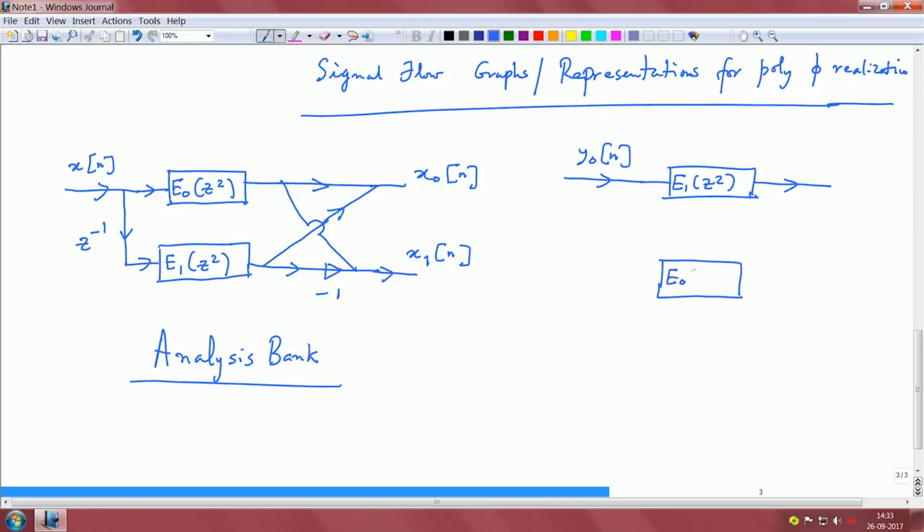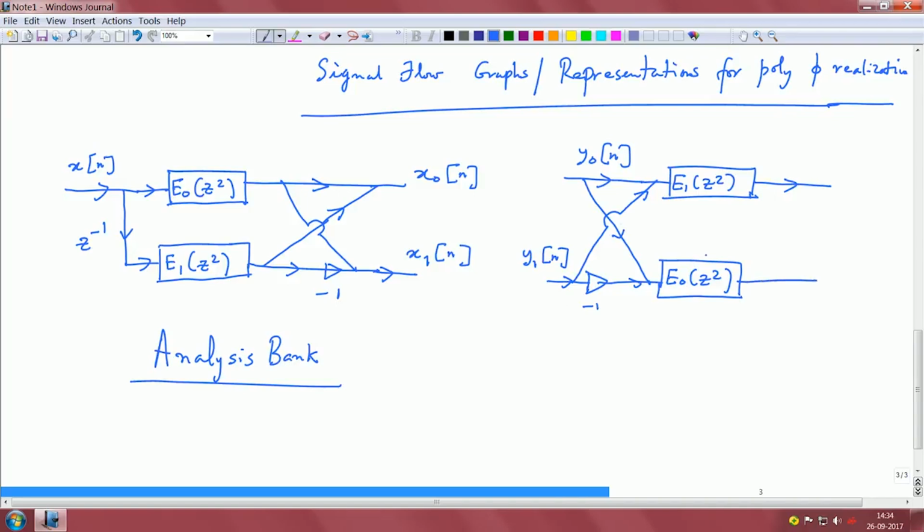We also have a filter E0 of z square in a parallel branch, and y1 with a gain of -1 will be fed here, and then we take the component from y0, add it to this branch, and here we directly take this subband signal and add it here.